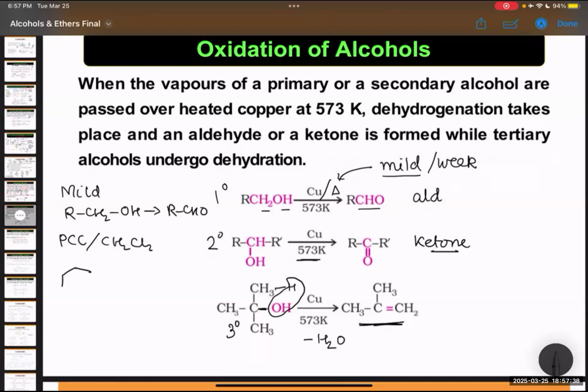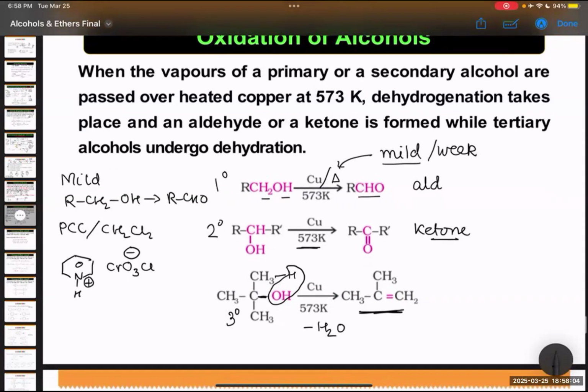What is pyridinium chlorochromate? This is pyridine with H plus, which is pyridinium, and CrO3Cl minus. So chlorochromate is this one. This is a weak oxidizing agent. Okay. PDC, pyridinium dichromate, that also is weak.